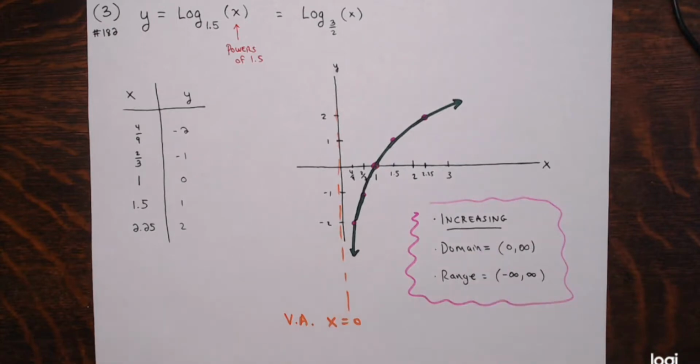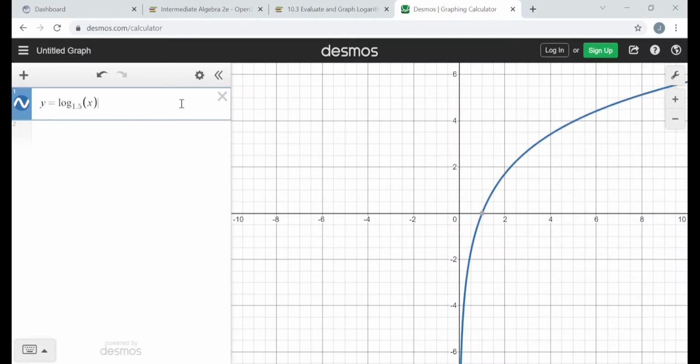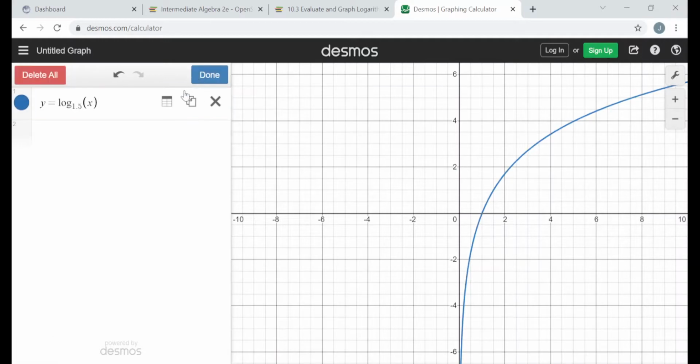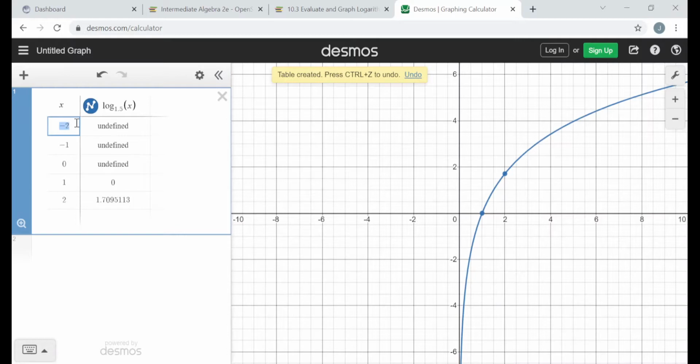And let's take a look at this on Desmos, just to verify that my drawing is decent. Y equals the log with a base of 1.5 of x, and there it is, just like my drawing. I'll add a little table to this. So again, notice -2 input undefined, -1 undefined, 0 undefined.